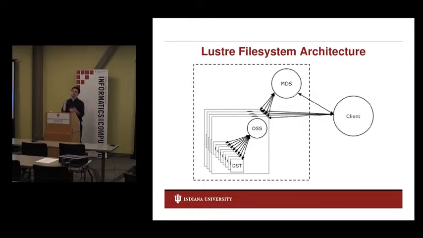Based on the IPv4 address and the UID of the request, we have a binary tree in kernel memory that looks up the site, looks up the UID, and says, okay, this UID should act like this UID.